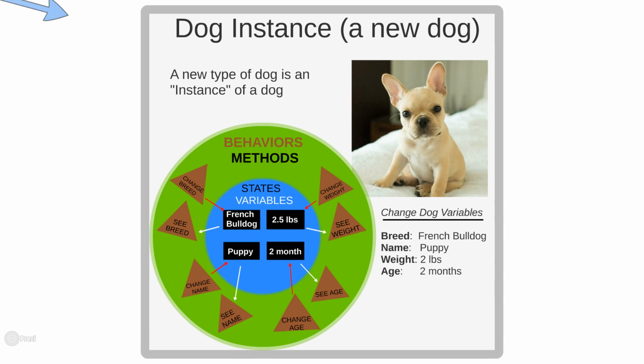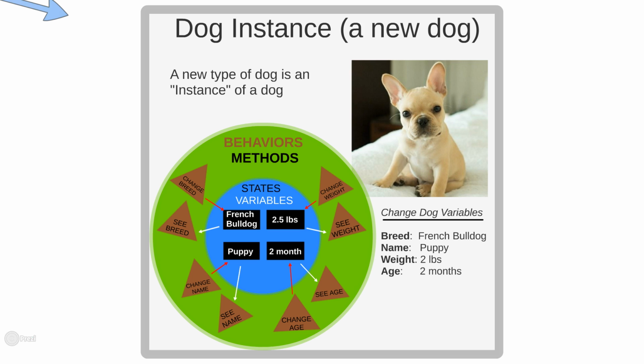So for example, if you wanted to create an instance of a French Bulldog, we will have its properties or its variables set to French Bulldog for the breed, puppy for the name, maybe 2.5 pounds for weight, and 2 months as the age.